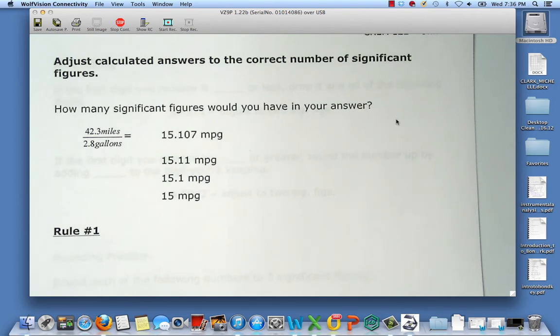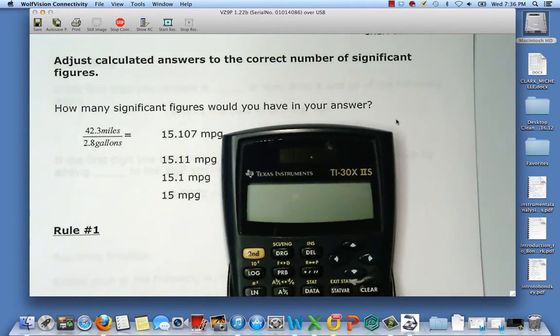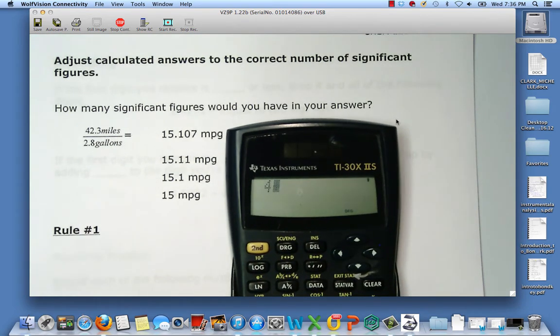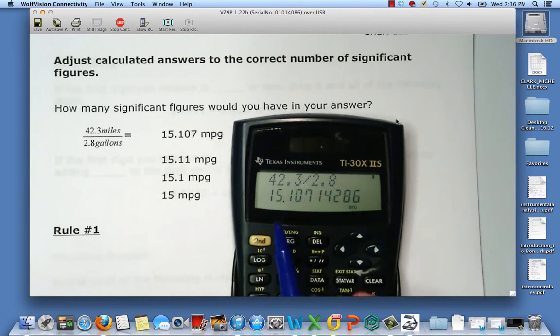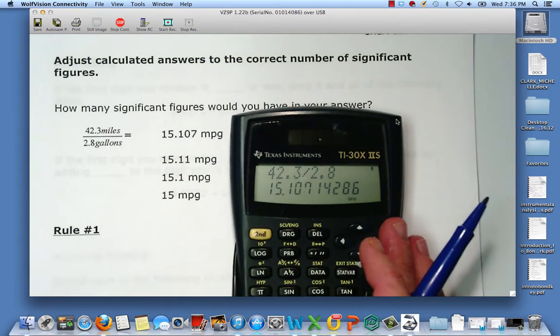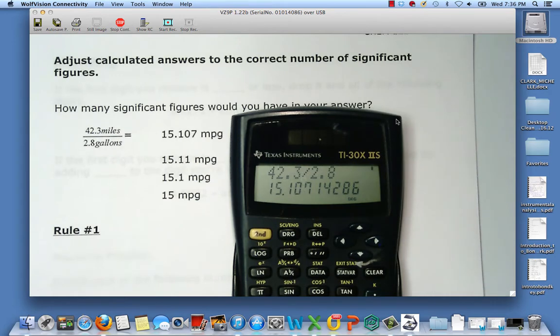When you enter this into your calculator, 42.3 divided by 2.8, you will get this long answer. And you'll think, oh, I'm going to write all these numbers down. They all look so important. You don't want to leave any out.